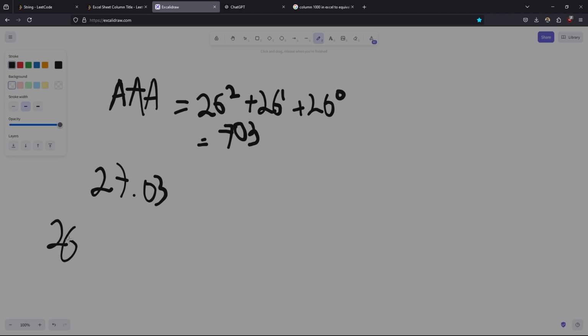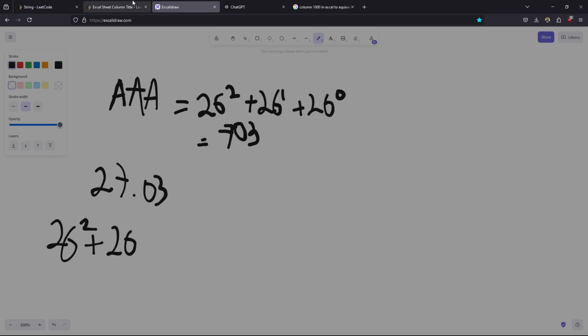But if we multiply 26 27 times, which is equivalent to 26 to the power 2 plus 26, and here the rest is equivalent to, oh, it's getting confusing.